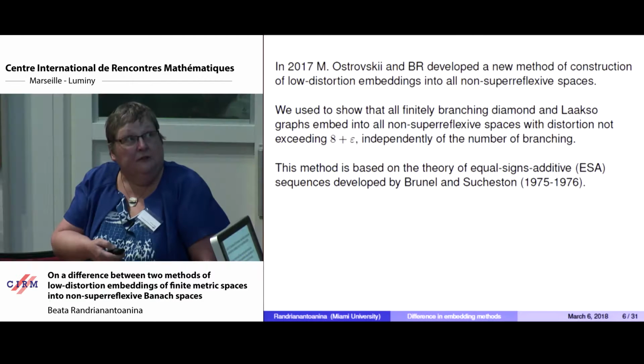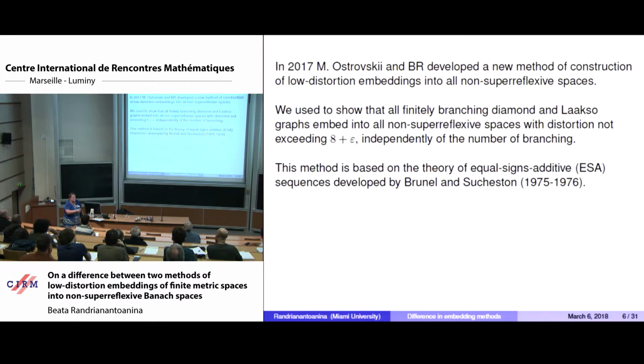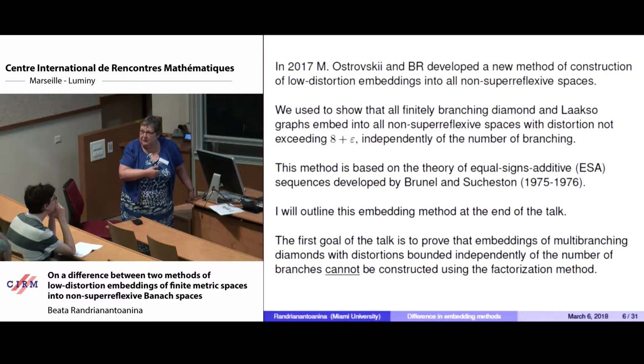So this method is based on the theory of equal-signs-additive basic sequences, which also characterizes reflexive spaces. And if time permits, I will outline that method later. My first goal here, the main goal of this talk, is to prove that indeed the previous method does not work for this class of graphs, that they could not have been embedded using the factorization method, that the new method was necessary.